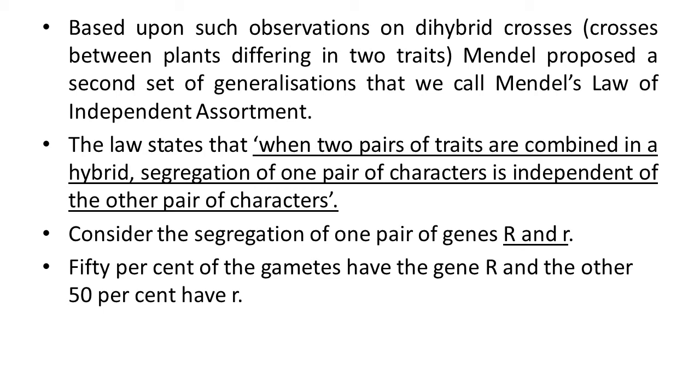Consider the segregation of one pair of genes, suppose capital R and small r. So 50% of the gametes have the gene capital R, and the other 50% have small r. So the possibility is equal, either capital R 50% or small r again 50%.